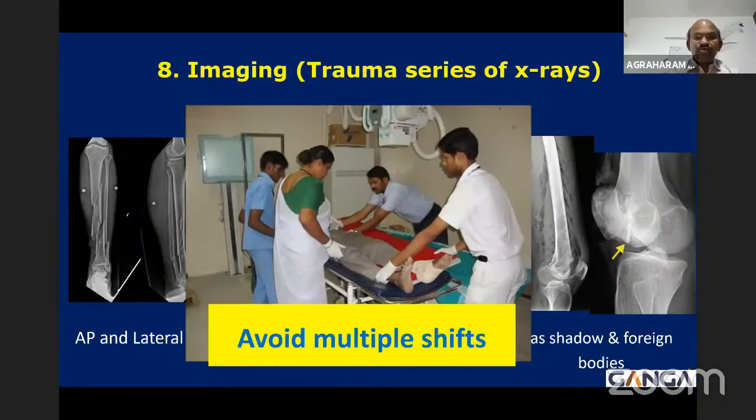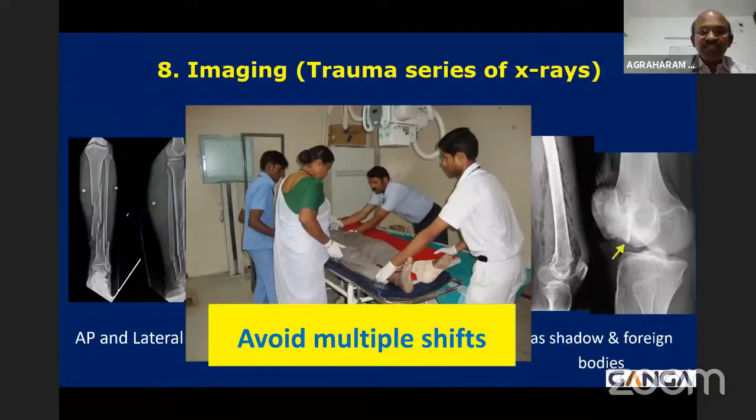And one more important thing that we need to look at is when we are transferring for trauma series of X-rays, we need to consider using slides so that the shifting becomes easier, because when you resuscitate the patient, the BP is maintained at around 80 to 90 or about 100.